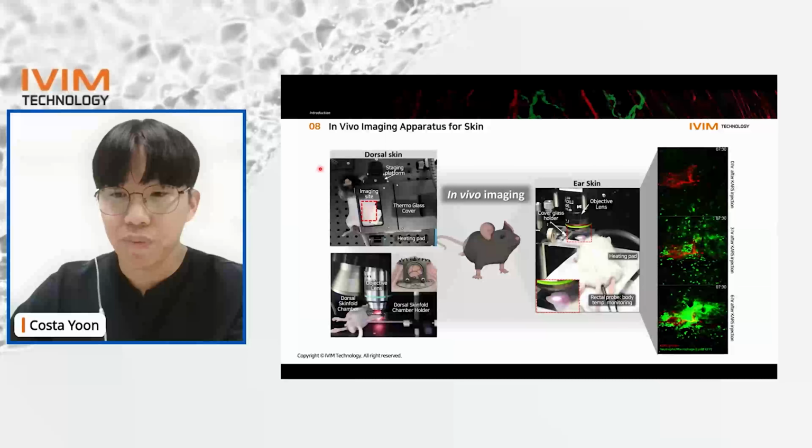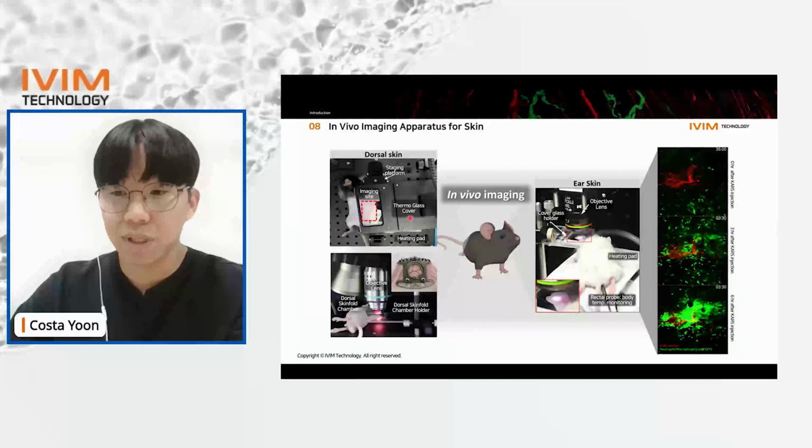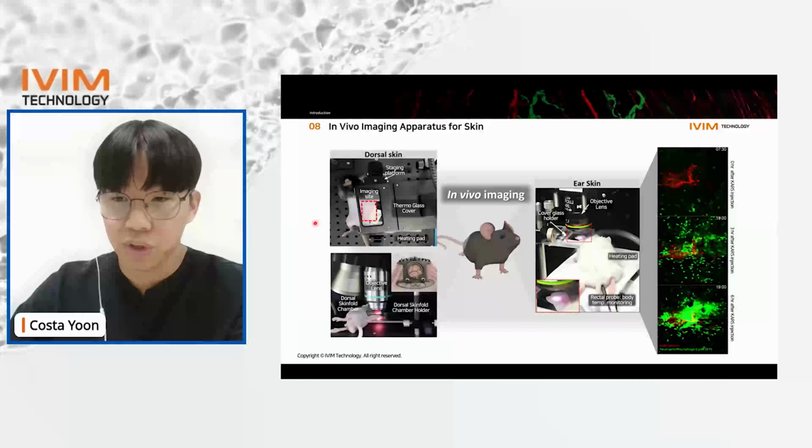For skin imaging, we mainly use dorsal skin and ear skin. The dorsal skin provides a relatively large imaging area, and it is positioned on a staging platform and gently pressed with a thermoglass cover. We then image the area in direct contact with the glass.